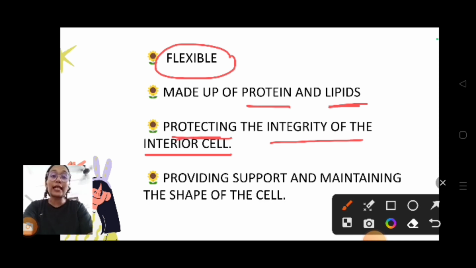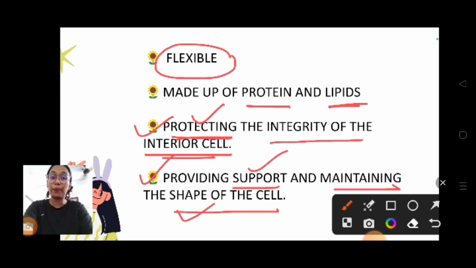They also provide support and maintain the shape of the cell. Giving support, protecting, giving shape, made up of proteins and lipids, and flexible: you have to know these.